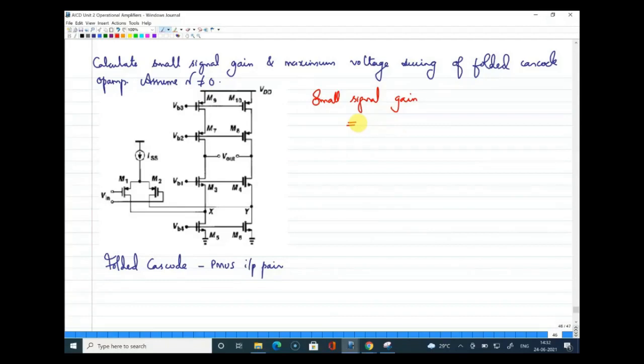Okay, take one side and tell me what is the expression. Yes, sir. gm1, gm3, ro3, ro5, parallel to gm7, ro7, ro9. Is this correct?